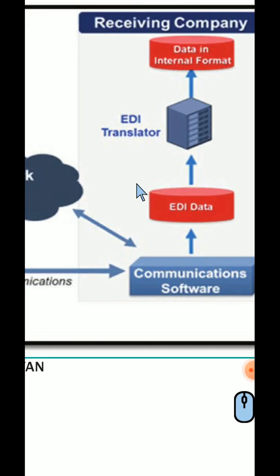The receiving company has data in internal format, and they will also follow the standard structure for EDI. Here also we have an EDI translator that converts this EDI data, and we also have some communication software. This communication software passes the EDI data along, and again it is translated, and at last it is received by the receiving company.